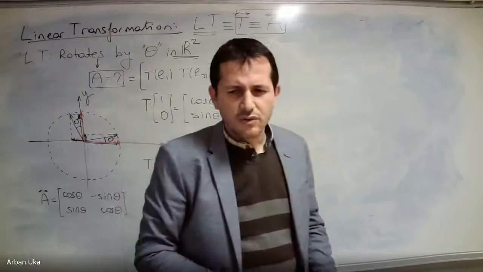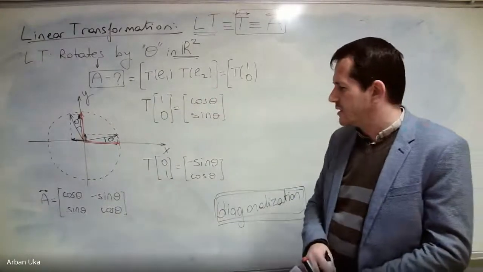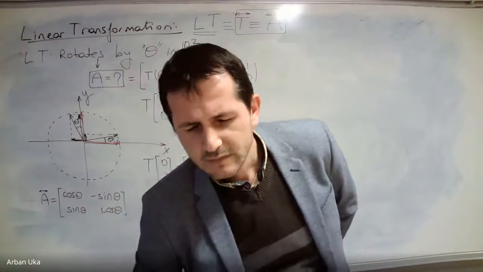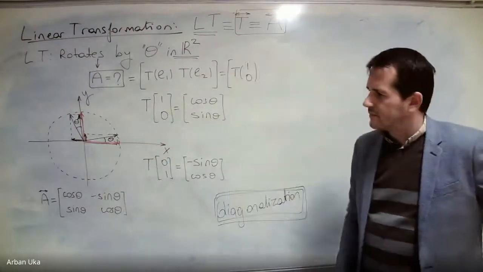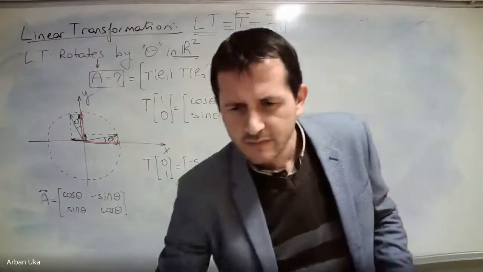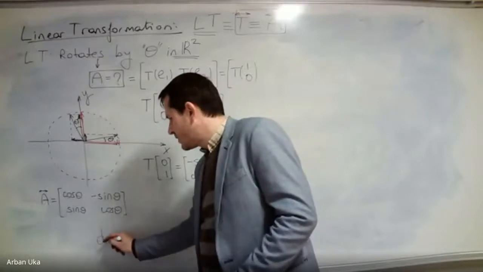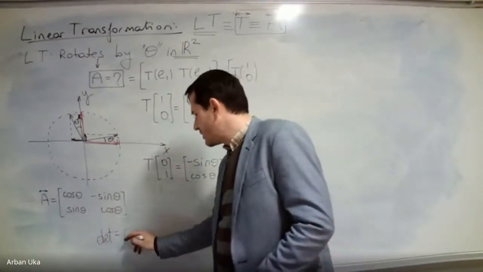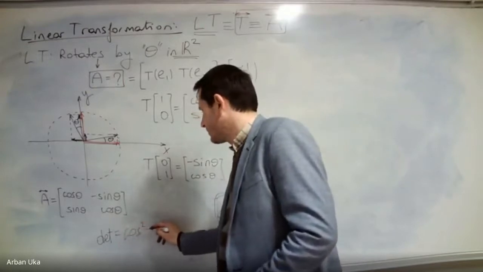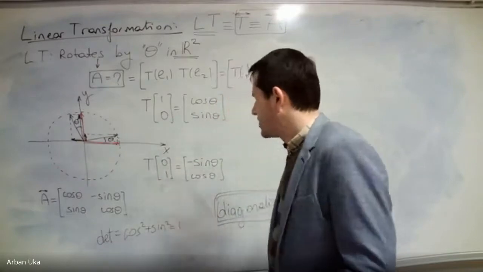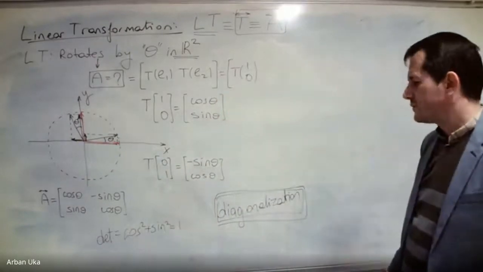Now, I can ask you the following. What is the determinant of this matrix here? That's true. So the determinant here is equal to cosine squared plus sine squared, which is equal to 1.